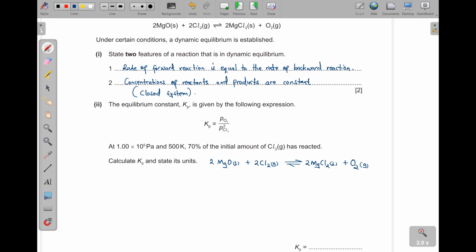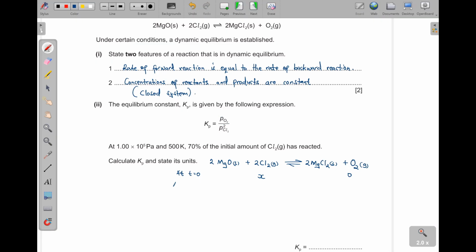So at first, at t equals 0 initially, we are going to consider the gases here because we are dealing with Kp. Initially, let's say we have x moles of chlorine, but since now we are looking at the gaseous molecules, this is oxygen and this is chlorine, so we have 0 for oxygen.